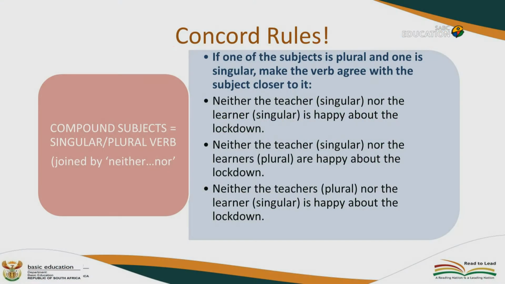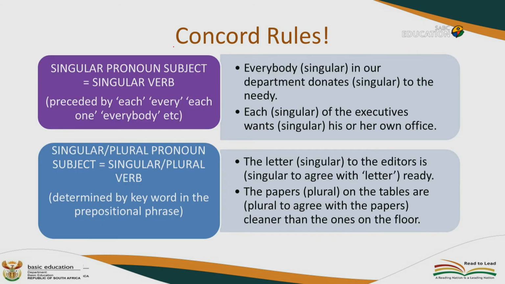So we will say are happy and not is happy, even though we started with a singular subject. So neither the teachers nor the learner is happy, because the learner is a singular subject closest to the verb is.